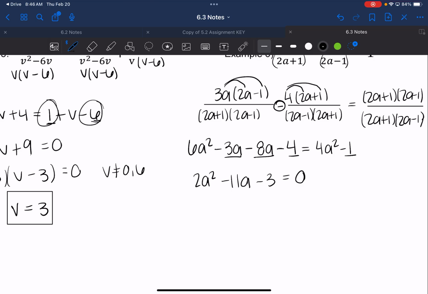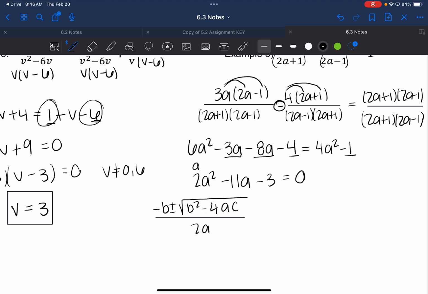So, is there any way we can factor this? Does this factor? But does that mean that there's not solutions? No. What could we use if it doesn't factor? The quadratic formula. Right. So quick reminder, that's negative b plus or minus the square root of b squared minus 4ac all over 2a.